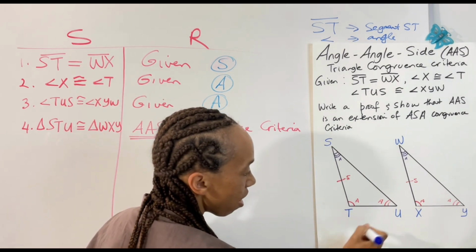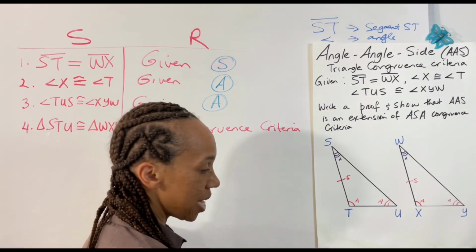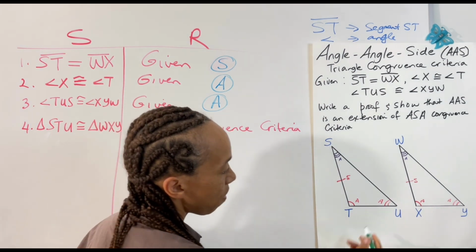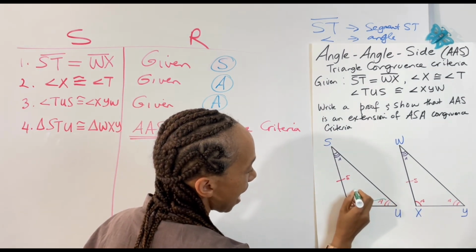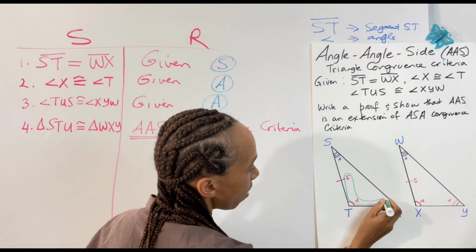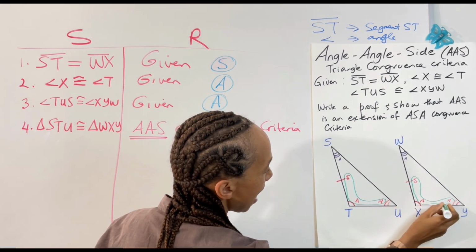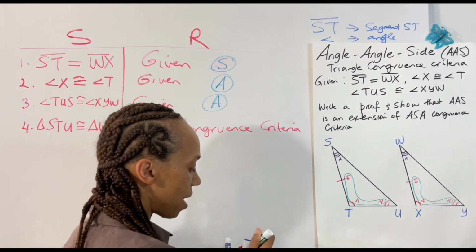So when you are doing this type of problem, you're saying that AAS here, right? And this is the AAS. It's coming from that direction.